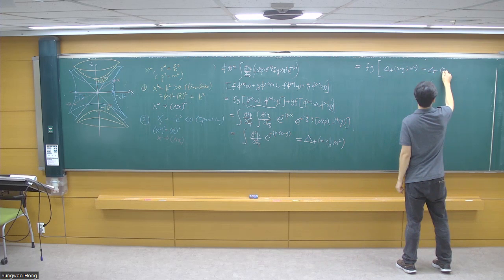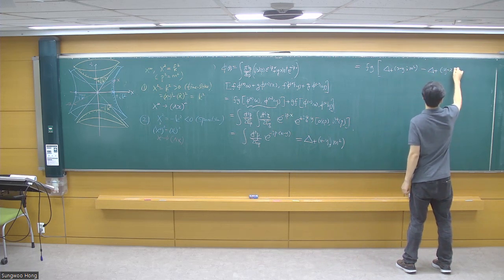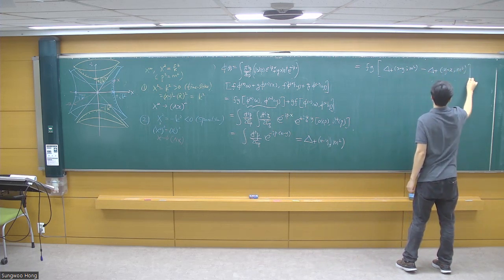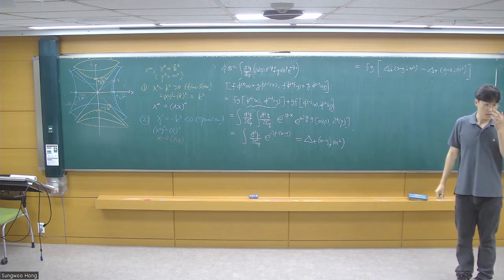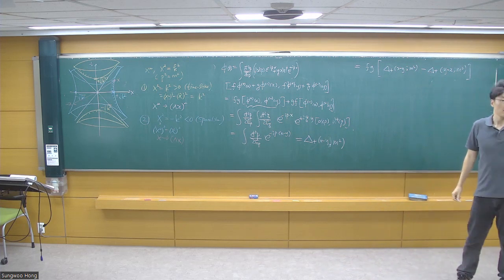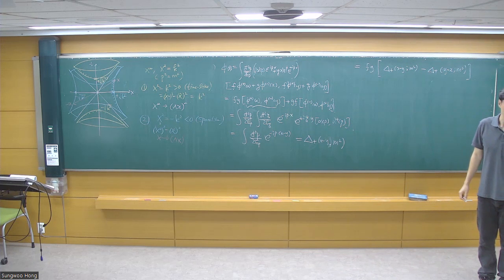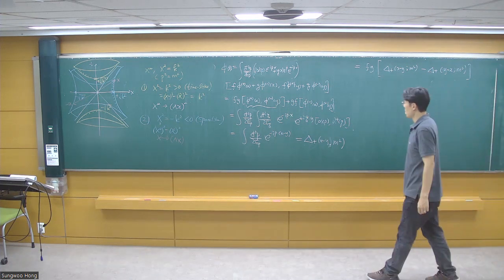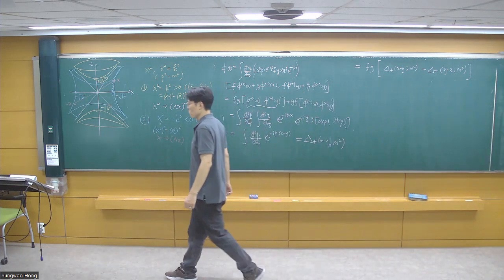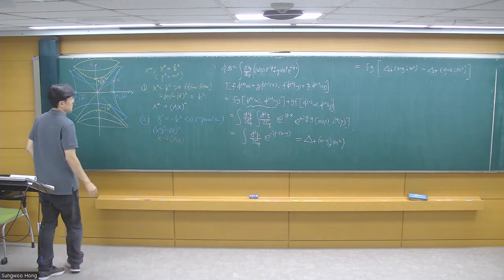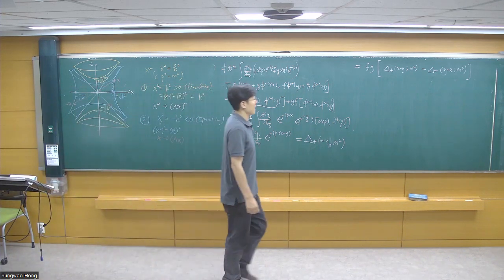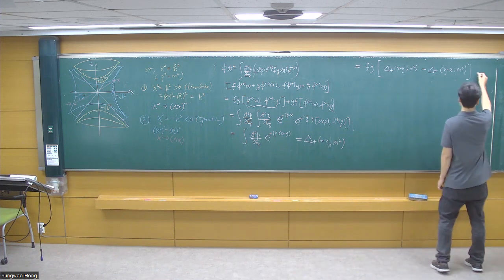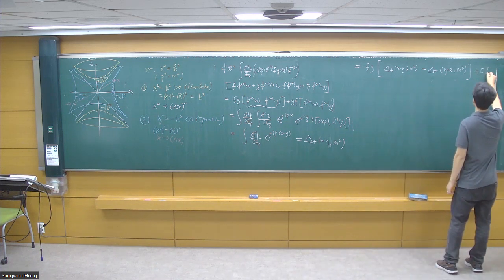So that means this one, y minus x, f squared. Okay, good. Now, again, the question was: is this zero outside of the light cone?